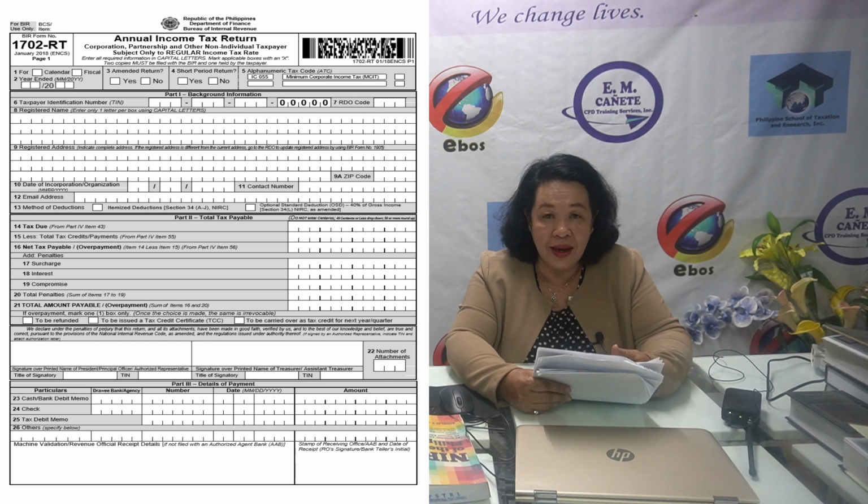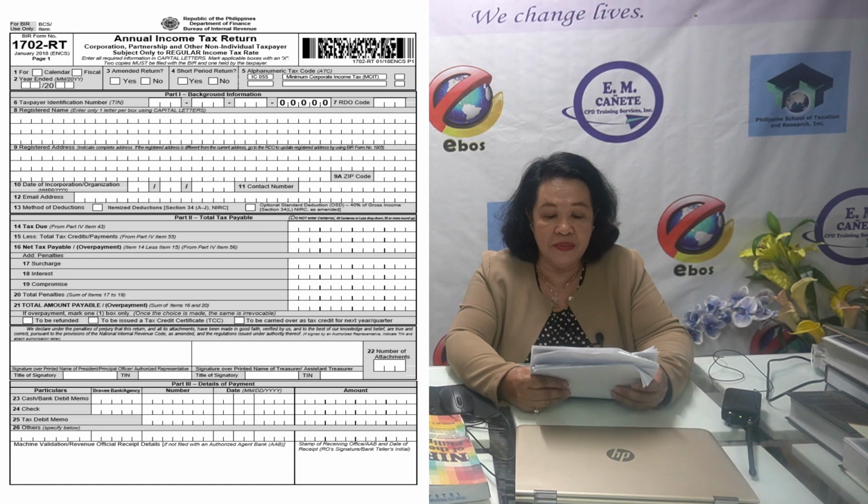Then you file again the same return that you have filed before. That is what we call an amended return. If that is the case, you are going to Xerox the original return that you filed and attach it to the amended return when you file it with the BIR.